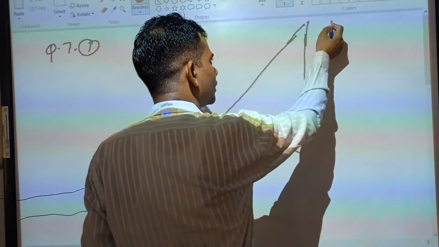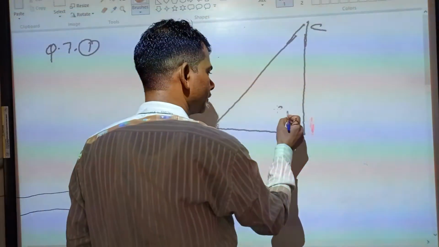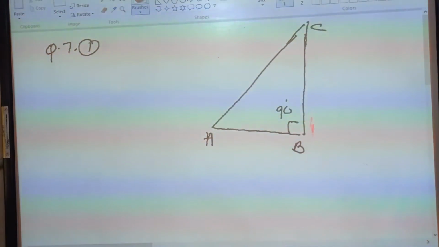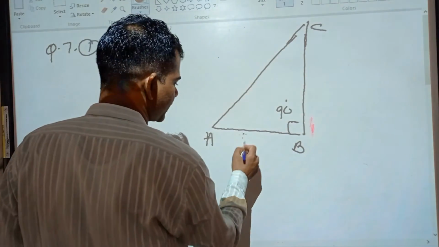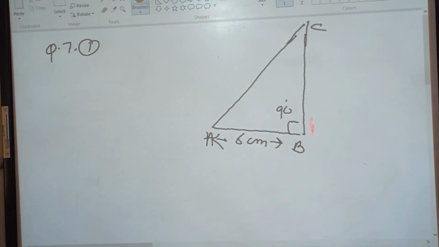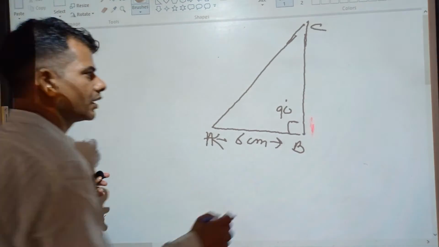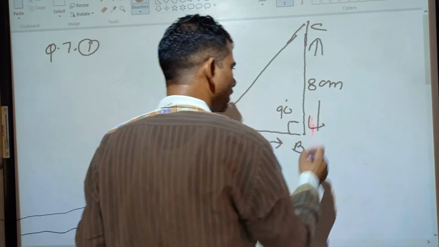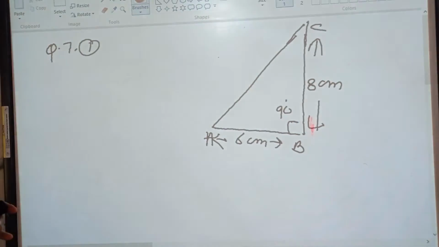Now it is clear. If AB is 6 centimeter, that is given, and BC is 8 centimeter, given. Now we have to find out the side AC.